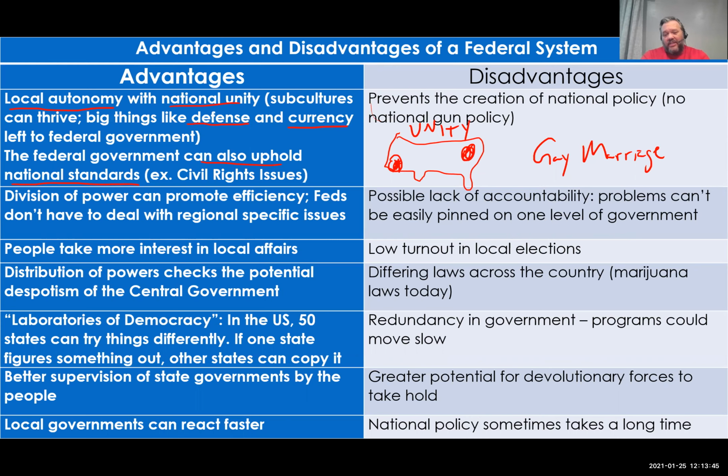Here's the argument. The people within the states say marriage was a power given to the states, and so states should be allowed to decide for themselves who should have a right to marry within the state. The other side says there's an equal protection clause in the 14th Amendment that says people should be treated equally, and that by not allowing gay couples to get married, that is discriminatory.